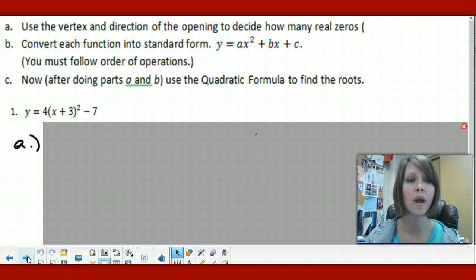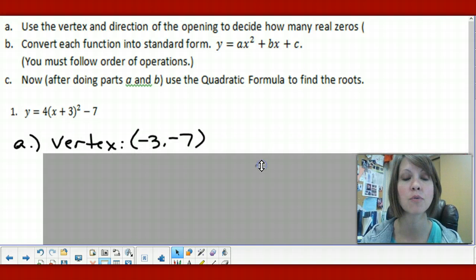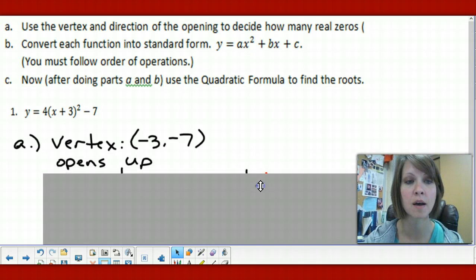When you look at y equals 4 times (x plus 3) squared minus 7, you should know by now that the vertex is, say it, -3 and -7. We should also know that the direction of this opening is up. The reason that the direction of the opening is up is because the a value, or that 4, is positive.